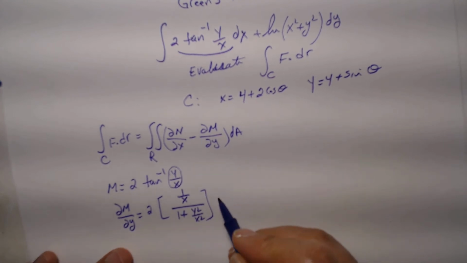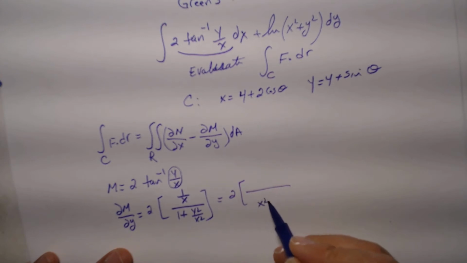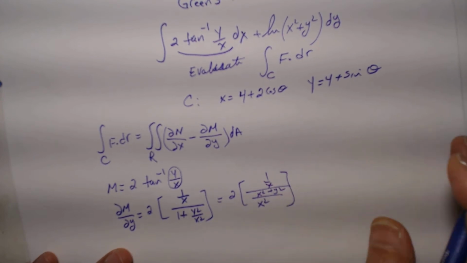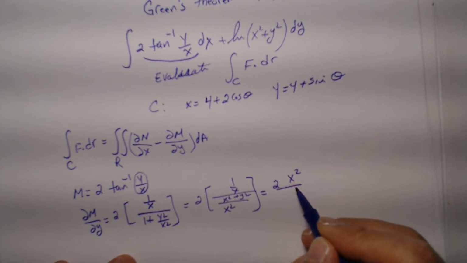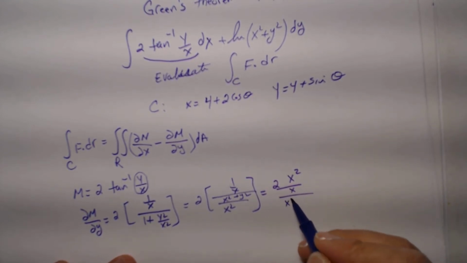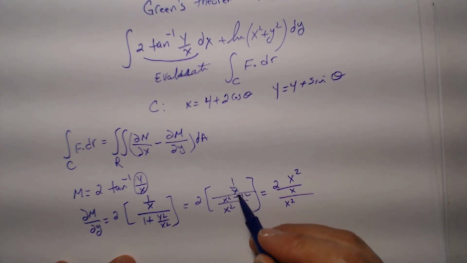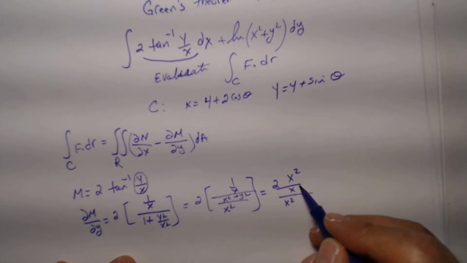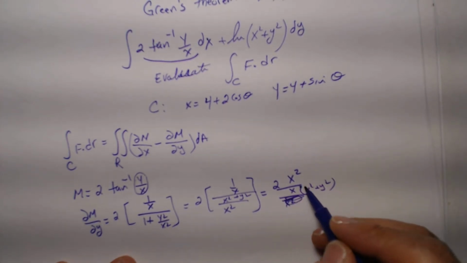If I simplify that, it becomes 2 times, on the bottom I get a common denominator, which is x squared plus y squared, over x. Then I multiply by the reciprocal, so that becomes 1 over x, and x squared goes on the top, and x times x squared plus y squared goes on the bottom.